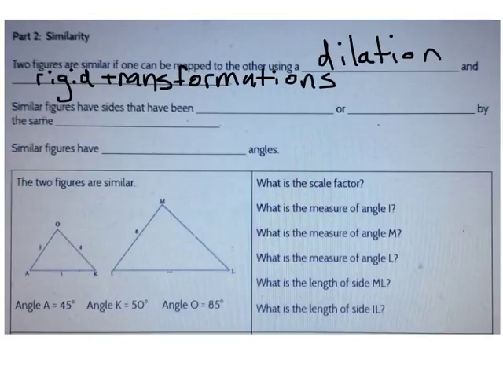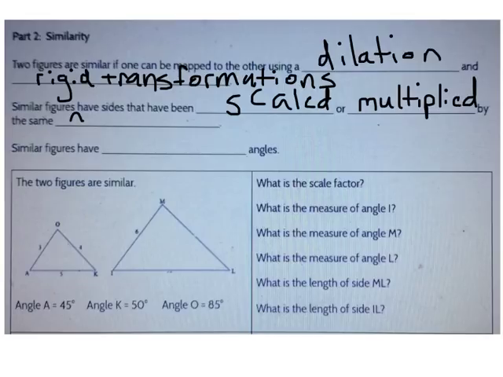Similar figures have sides that have been scaled or multiplied by the same number. Similar figures also have congruent angles. The angles do not change. So let's look at an example.